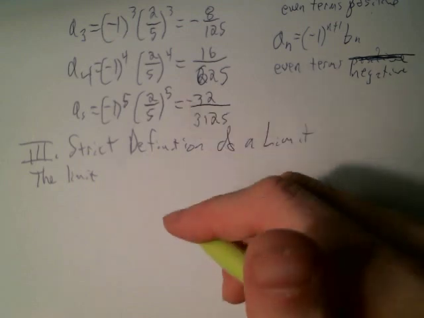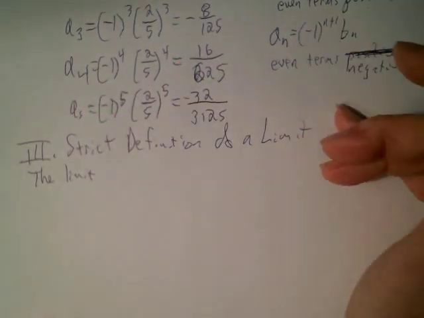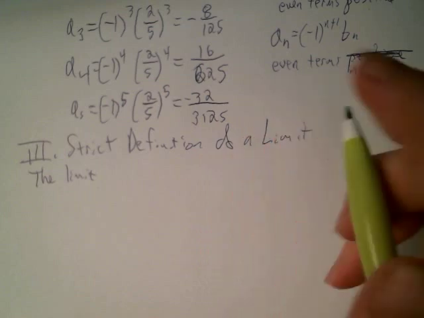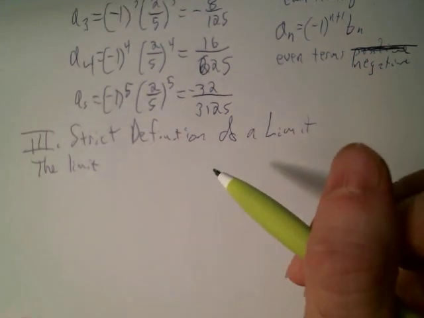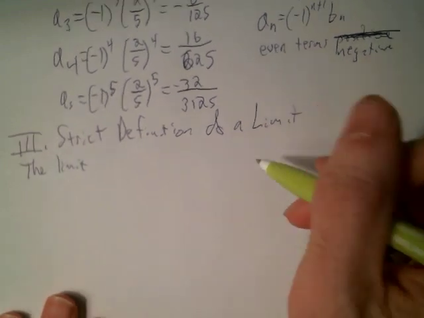So if you know the mechanics, it'll help a lot. I'm not going to say don't bother with this unless you're going to become the next Good Will Hunting, but I think it is important for us as students, even at this elementary level. Okay, so, strict definition of a limit.